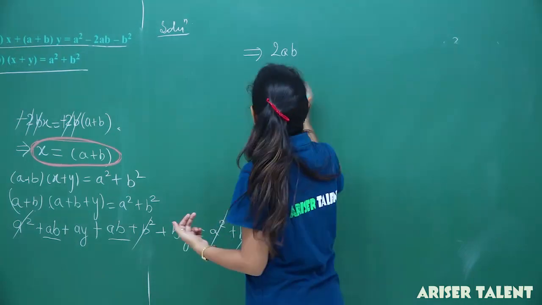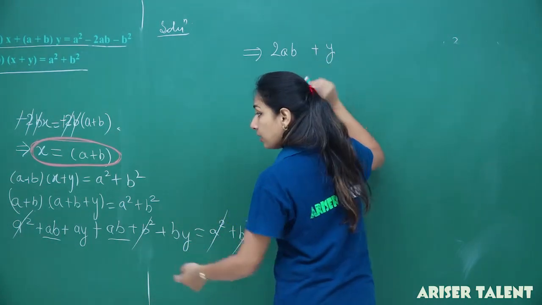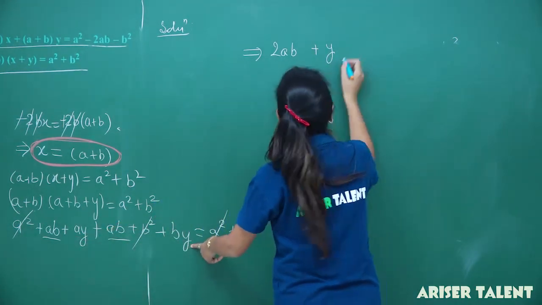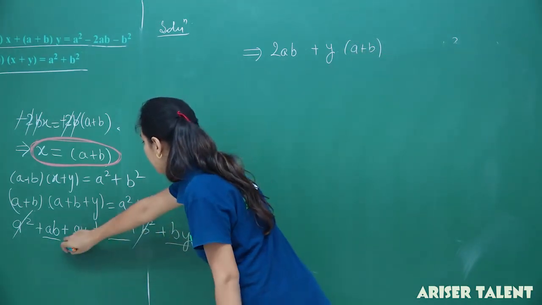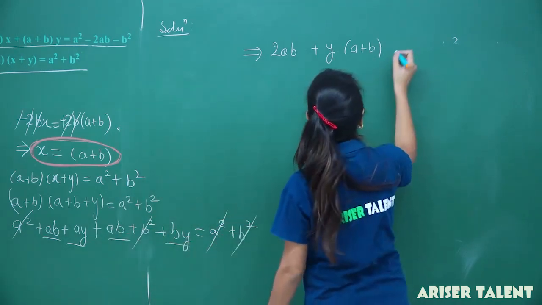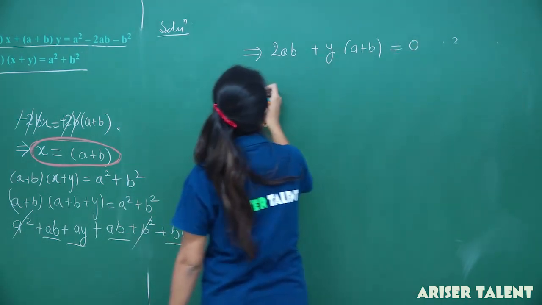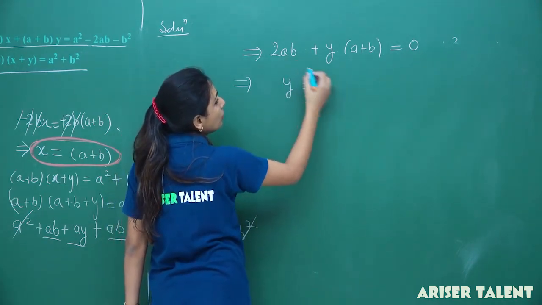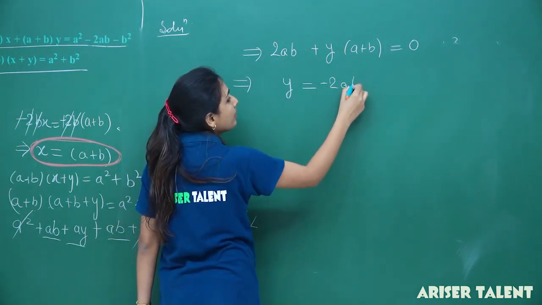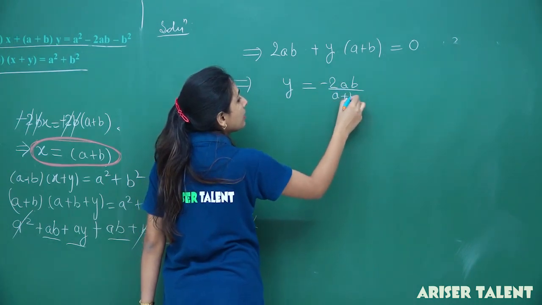So what will I do? Take y common from a and b, so (a plus b). So this term I have covered and this complete term has been covered, equals 0. This will become y equals minus 2ab upon (a plus b).